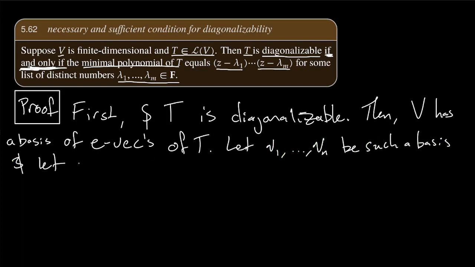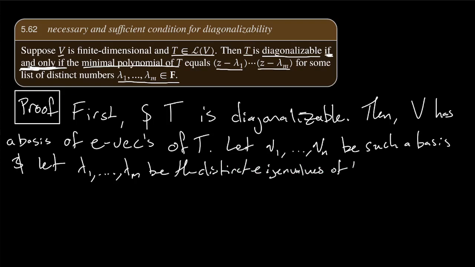And let lambda 1 through lambda m, notice now m, be the distinct eigenvalues of T. So here, m and n may not be the same. It may be the case that you have more eigenvectors here in this basis than you have distinct eigenvalues. That is, a couple of them could belong to the same eigenspace. Okay, now think about this.